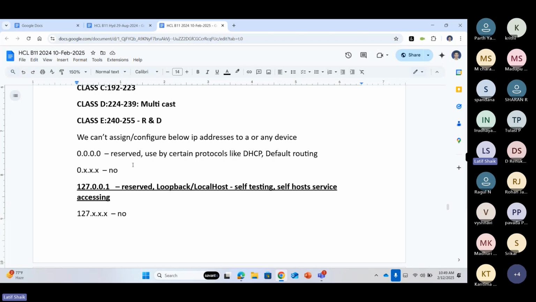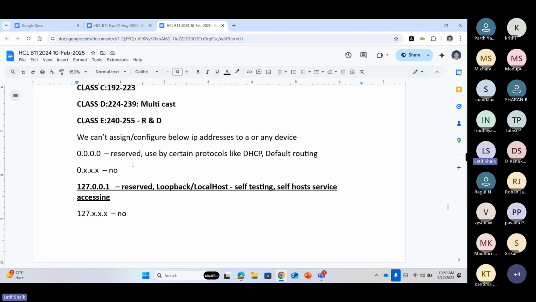So how will you communicate? It automatically uses 0.0.0.0 as the source address. In routing it is the default route, mainly in edge type of devices, the corner type of devices, so they use default routing.